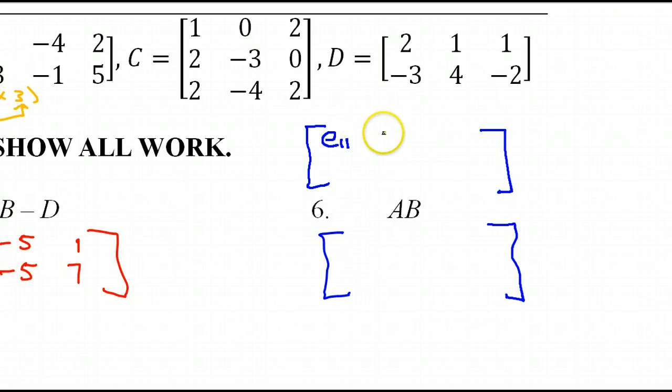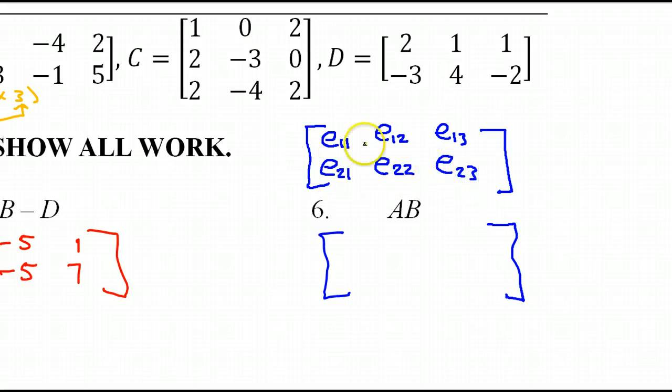I'll have element 1,1, element 1,2, element 1,3. This stands for row 1, column 1, row 1, column 2, row 1, column 3. That makes these element 2,1, element 2,2, and element 2,3. All right, we need to find these 6 elements.